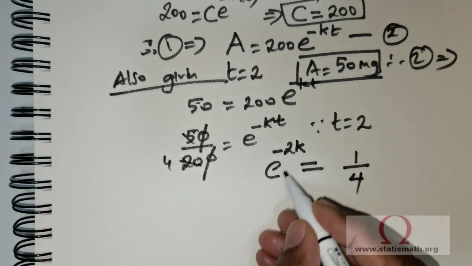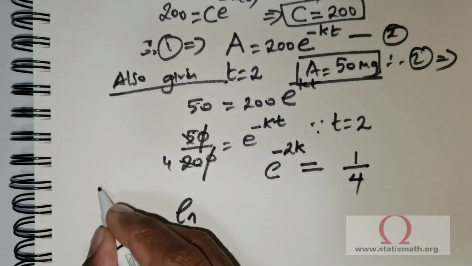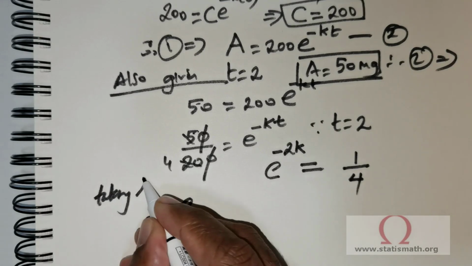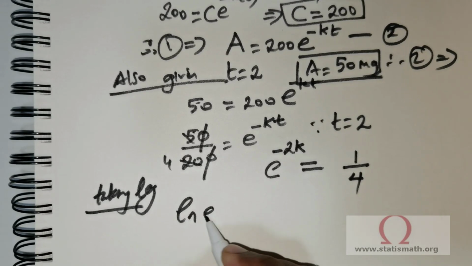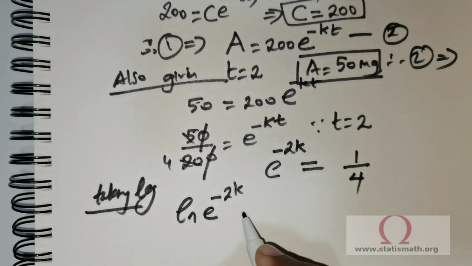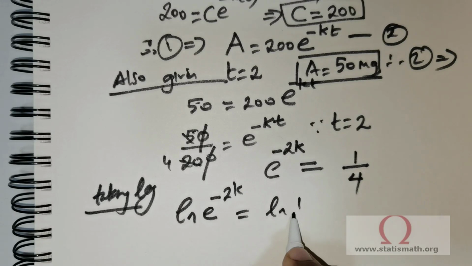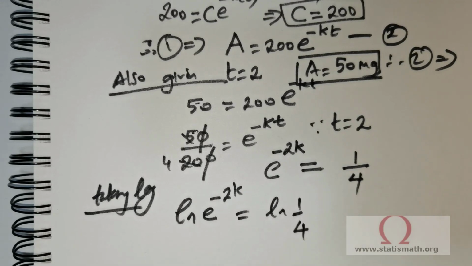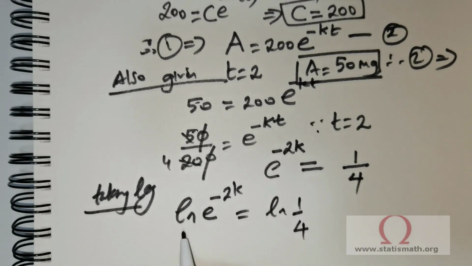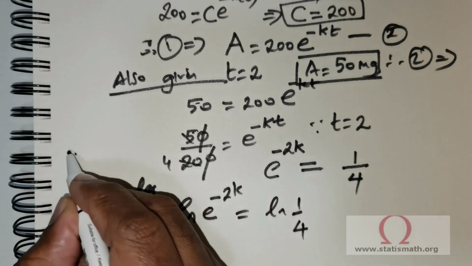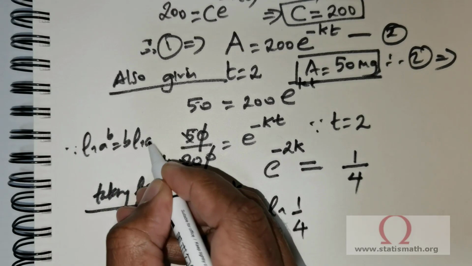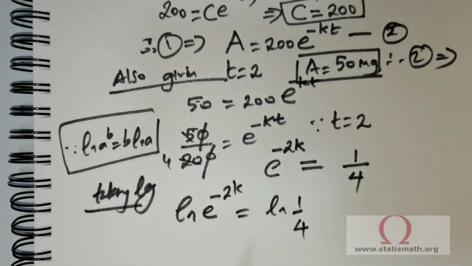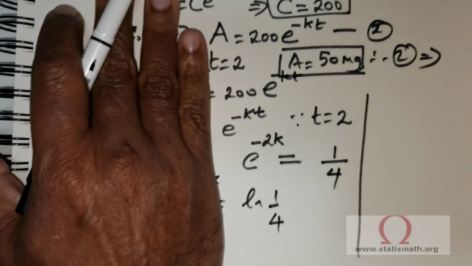I need to obtain the value of k. So what I do, I take ln both sides. So taking log both sides, you get ln e raised to the power negative 2 times k is equal to ln 1 over 4. As I mentioned to you, you can use this formula. Now since ln a raised to the power b is going to be b times ln a, using this formula, I'm going to use the space here.